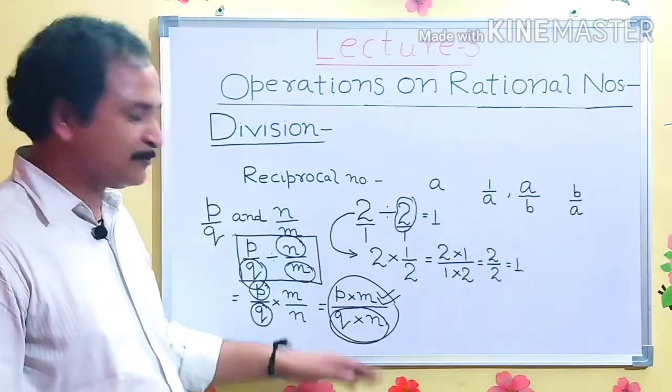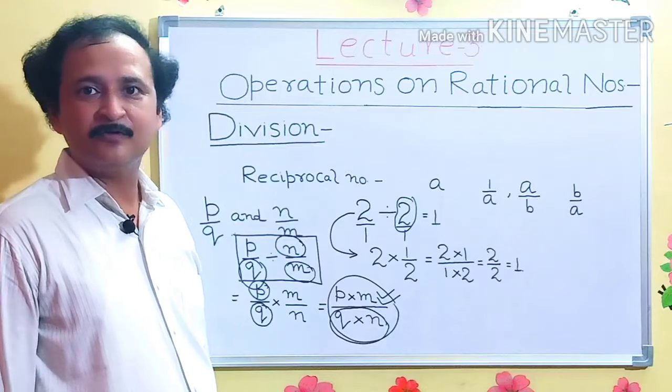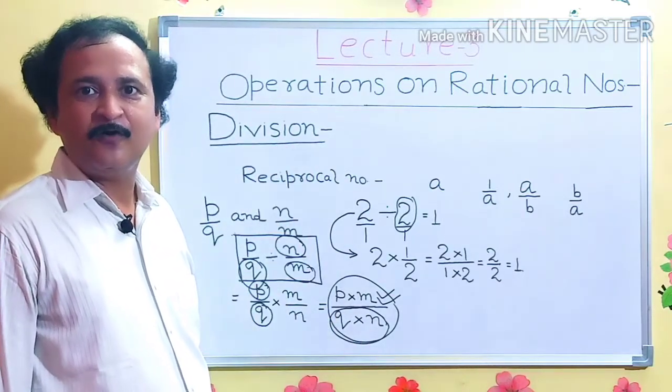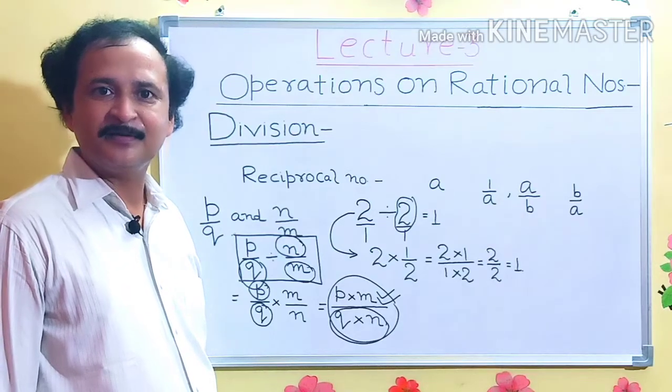So by this procedure you can find the result of the division process for any rational numbers.